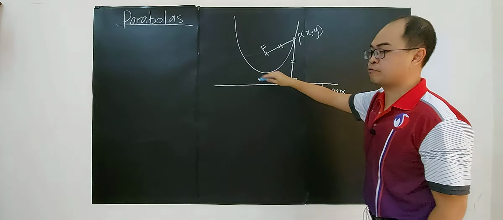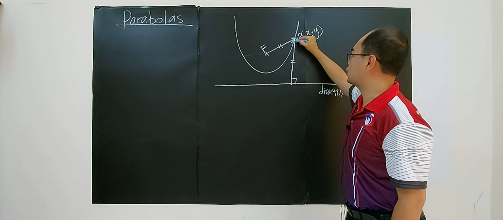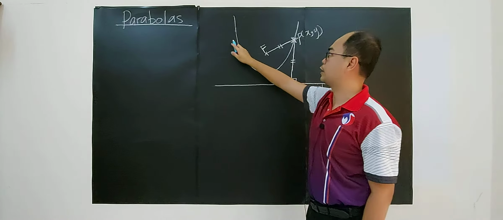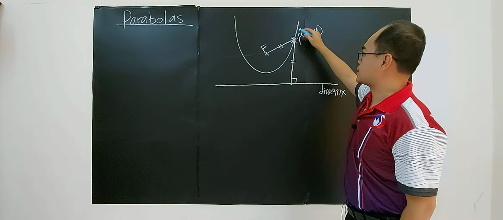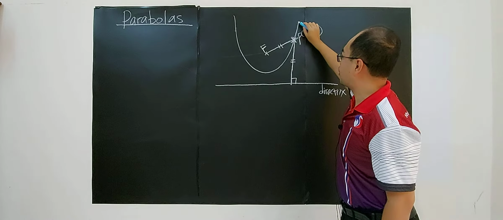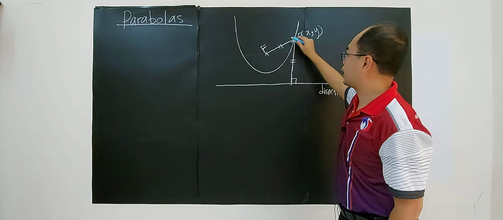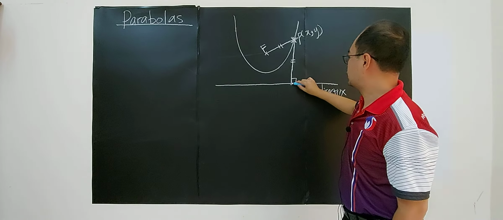This is the way we define a parabola, because this is a locus. It's a locus moving along the parabola, or we can say a set of points moving such that any point on the parabola is always equidistant from the focus and from the directrix.